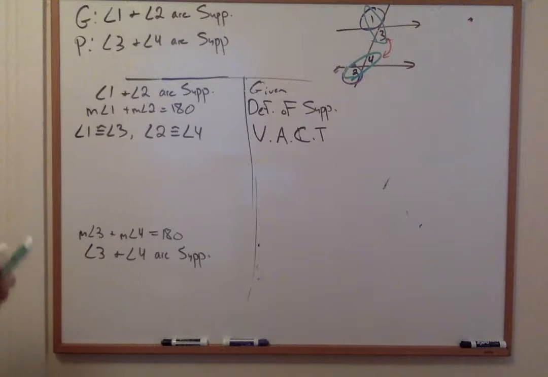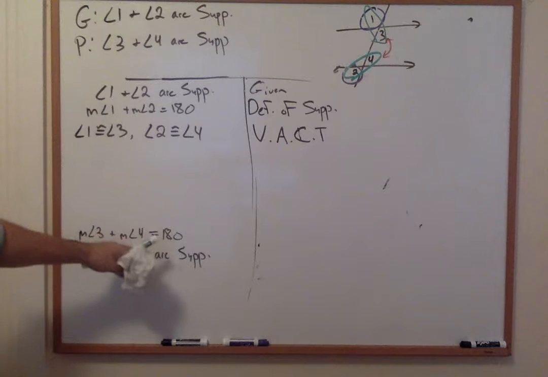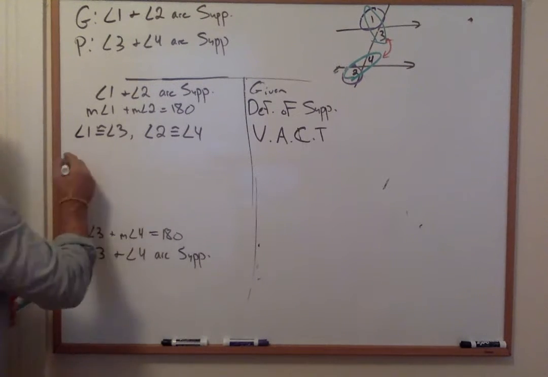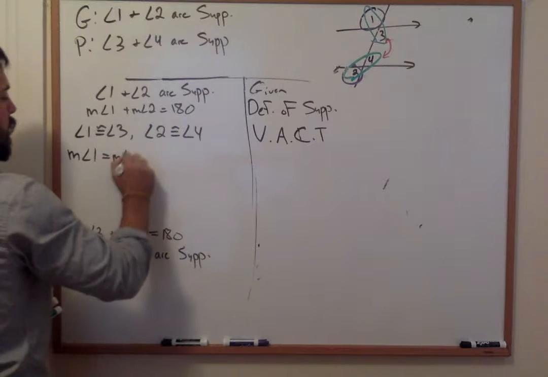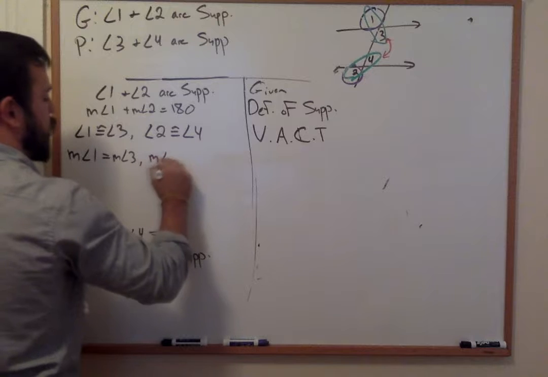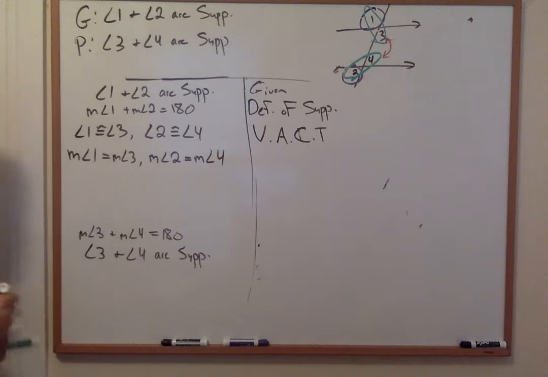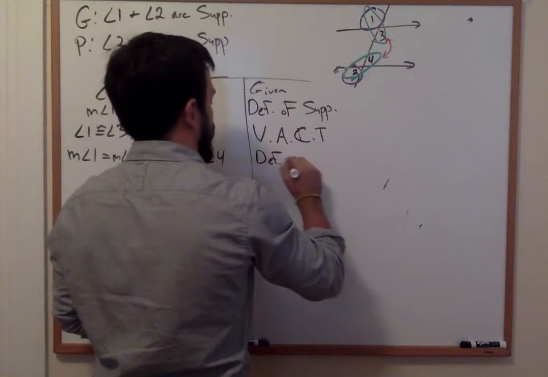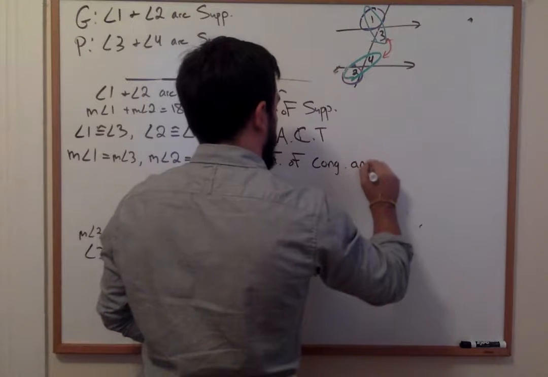Now, this theorem has me say they're congruent. I need equality. So since they're congruent, I know their measures are going to be equal by the definition of congruent angles.